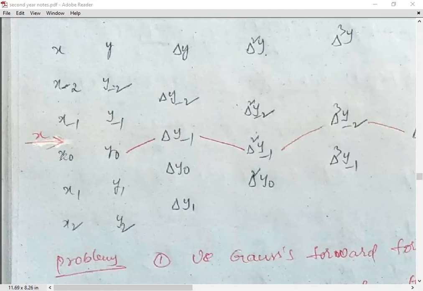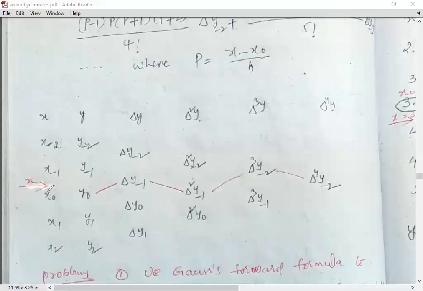Now here, from x naught, y naught, we can draw a horizontal line. Then the line drawn horizontally from x naught, y naught is said to be the central line.